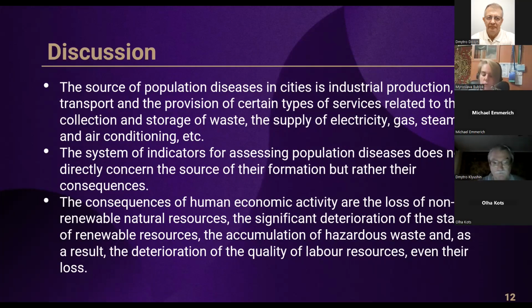The consequences of human economic activity are the loss of non-renewable natural resources, the significant deterioration of the state of renewable resources, the accumulation of hazardous waste, and as a result, the deterioration of the quality of labor resources, even their loss.